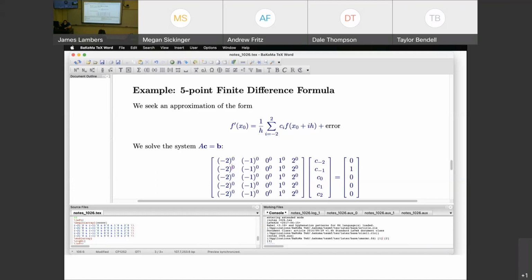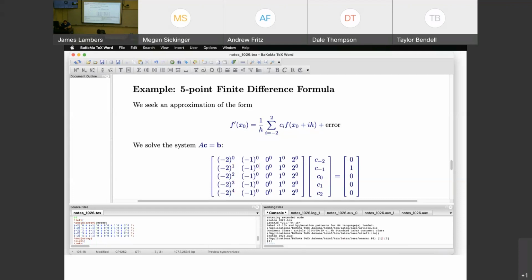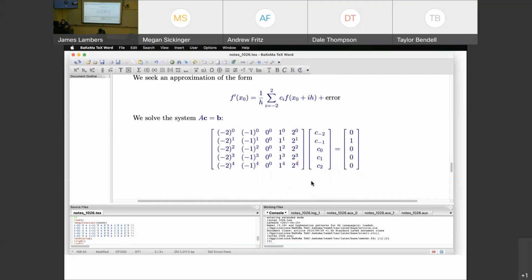Now I just got to fix all these. Obviously, this can be simplified quite a bit, but I want you to see the pattern of where all the entries come from.